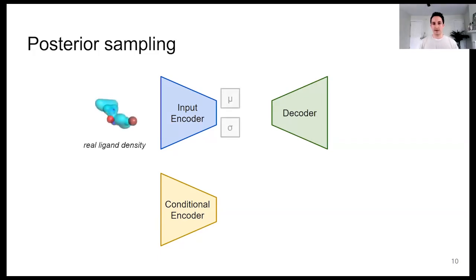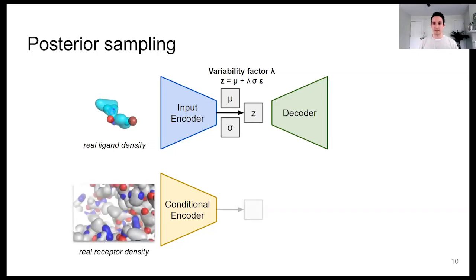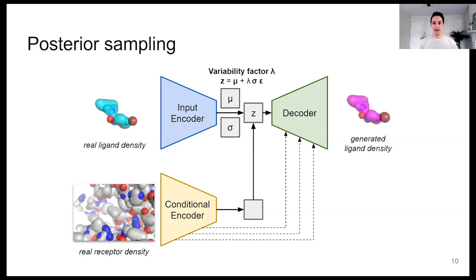The first is posterior sampling, where a real ligand is provided as the input, and the encoder outputs a mean and a standard deviation that are used for sampling the latent space. The generated samples will tend to be similar in shape and binding interactions as the input ligand, with some amount of variability. The amount of variability can actually be controlled by scaling the standard deviation that is used to sample the latent space. And we call this the variability factor.